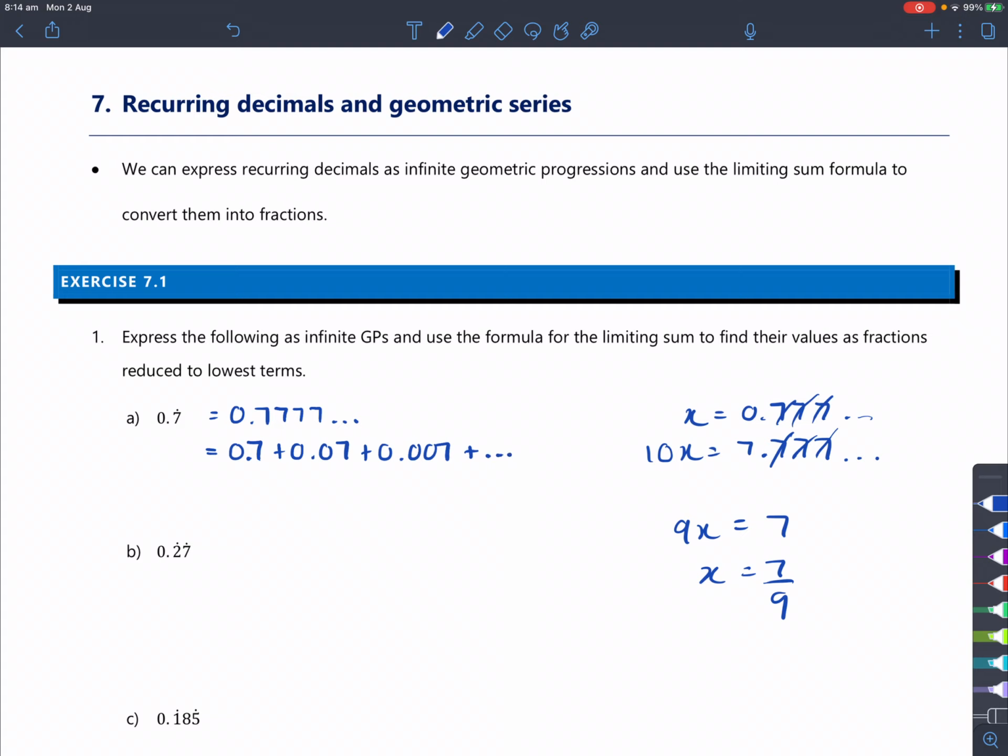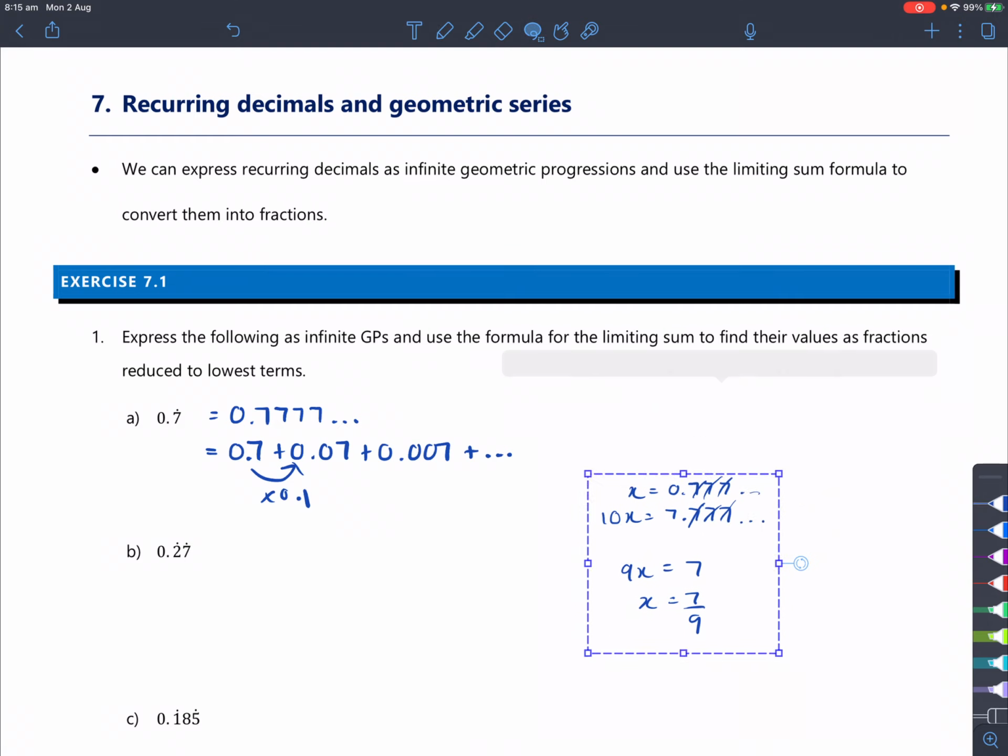It's going to keep going. There's more 7s. But what is the ratio from this term to that term to that term? It would be 0.1. Okay, you can just do that by getting 0.07 divided by 0.7. So if I multiply this by 0.1, I'll get to the next number. So now that I have that, okay, let me just reduce that down, put it here.